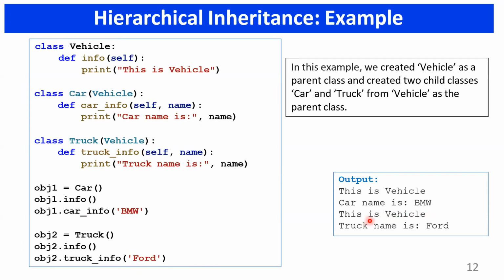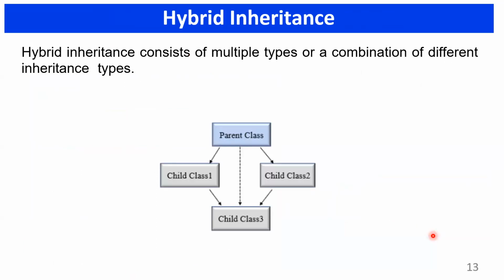So you can observe the corresponding output here. This is vehicle and the truck name is Ford. Since we are passing the name as Ford, it is printing it as Ford.